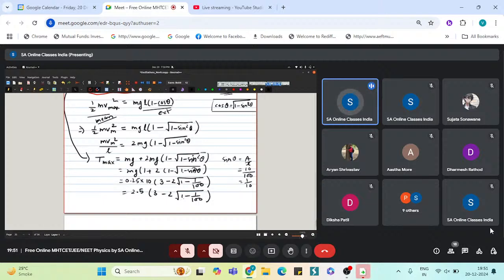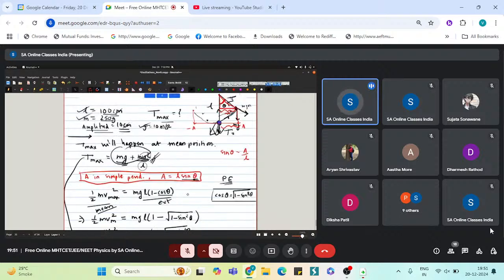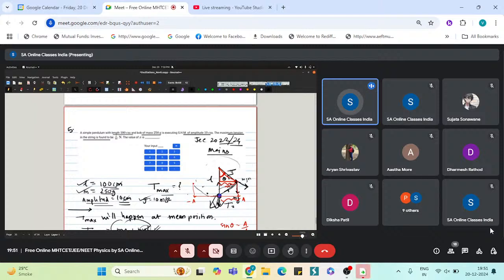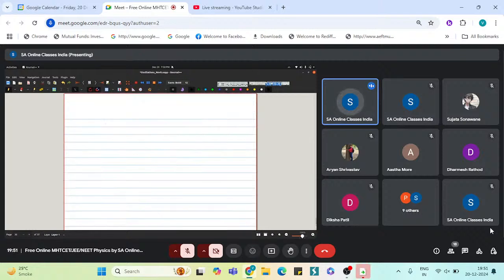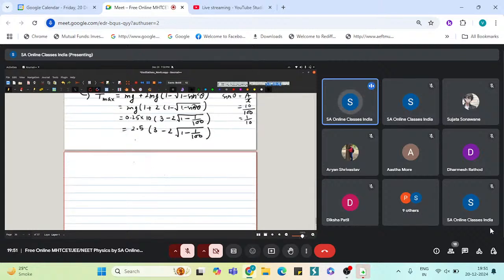You can solve this 1 minus 1 upon 100 with a calculator as well. But this is a numerical type of example, so you need to have an integer value for the answer, because you won't get decimal point answers here. You can either solve this using a calculator and then approximate to find the integer value.